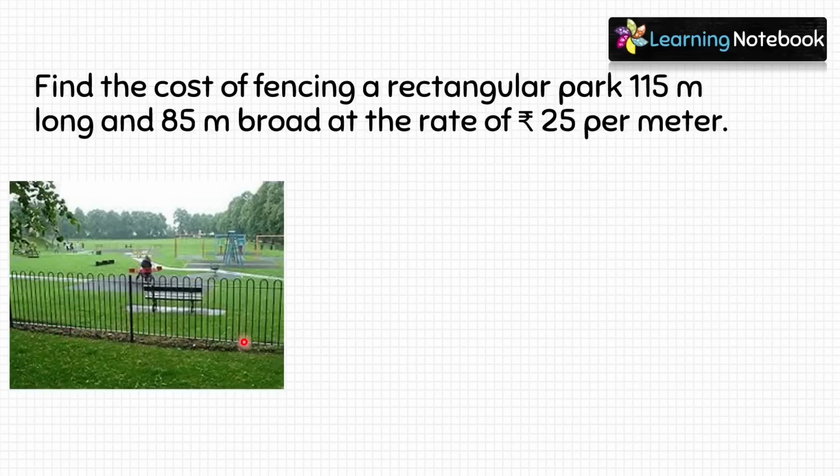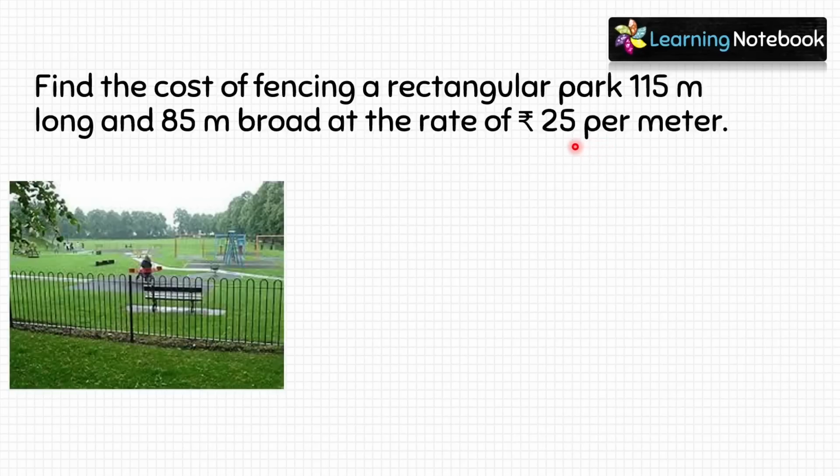Also, we are given cost of fencing is rupees 25 per meter. So, we have to find the total cost of fencing this rectangular park. So, if we know the perimeter of this park, then we can easily find the cost of fencing it.